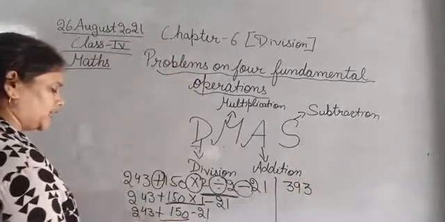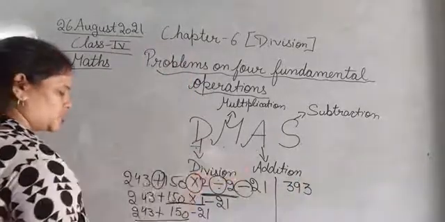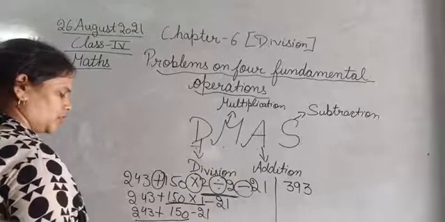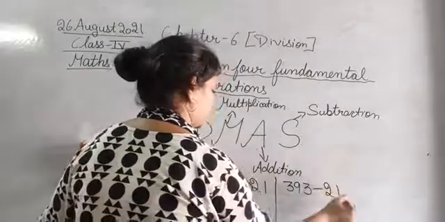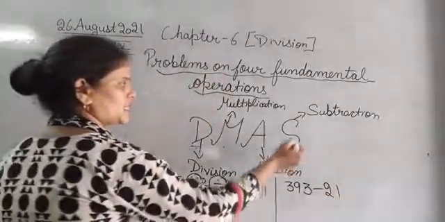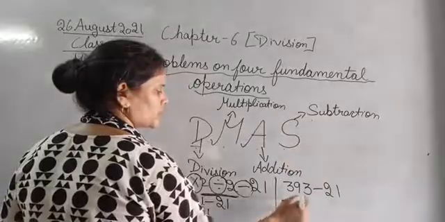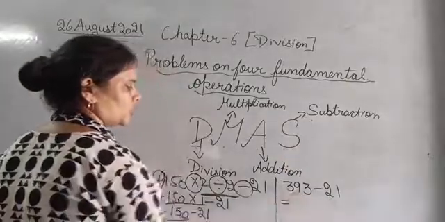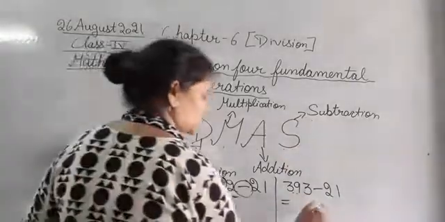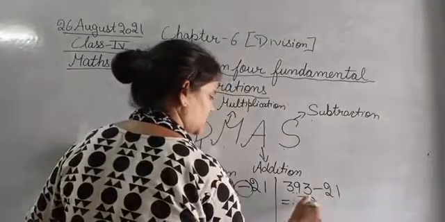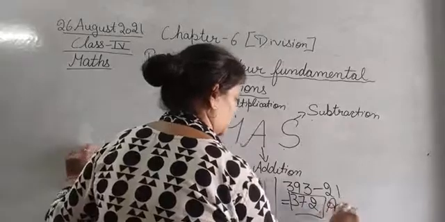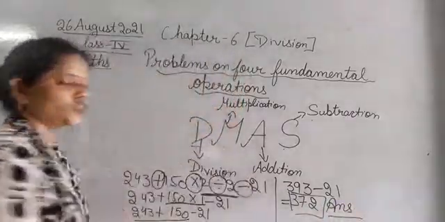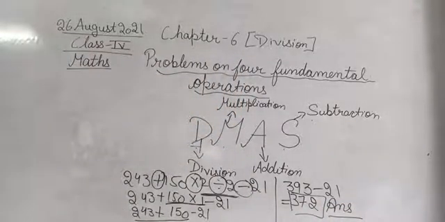Then 393 minus 21. Last is S, that is subtraction. So 393 minus 21, the answer is 372.